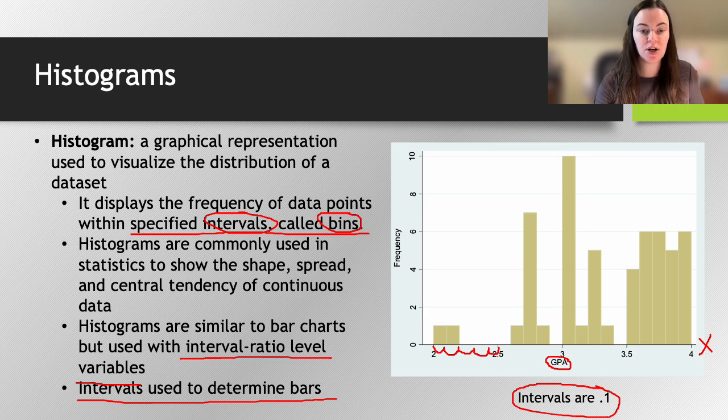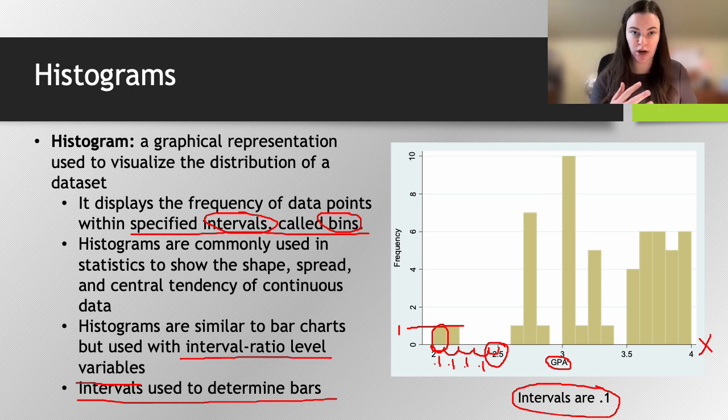In other words, starting here, we have one individual who received a 2.1 GPA. I know that because I'm looking at my frequency here, and this would be the ticker for the 1. Each of these subsequent steps would be 0.1. That's what I mean by my interval or my bin size, until I hit my next ticker point, which is 2.5.